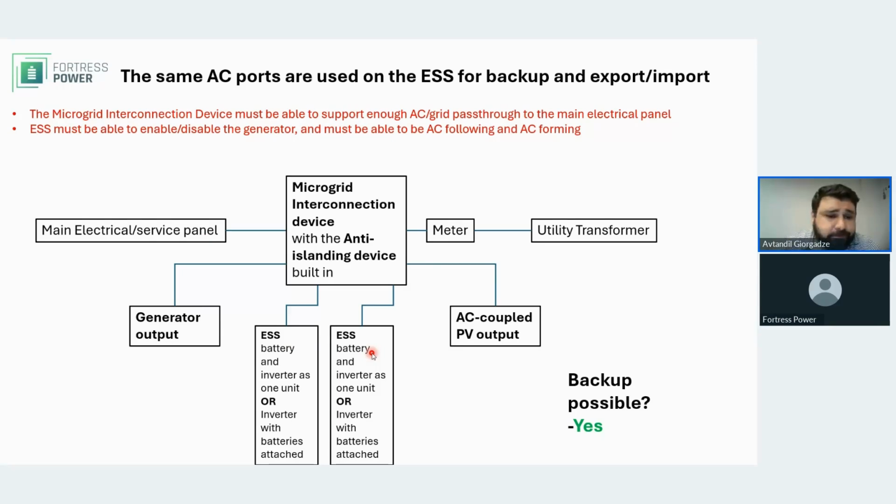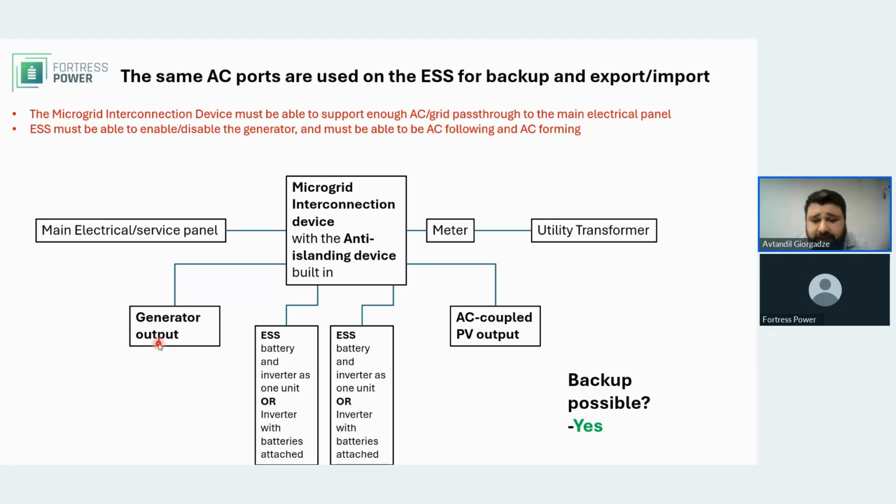And obviously, when the generator is running, your inverters or energy storage devices are not allowed to form any signal or any frequency or any grid. They're only allowed to follow the frequency that the generator provides. Otherwise, one could backfeed into the other, and that will be a disaster.